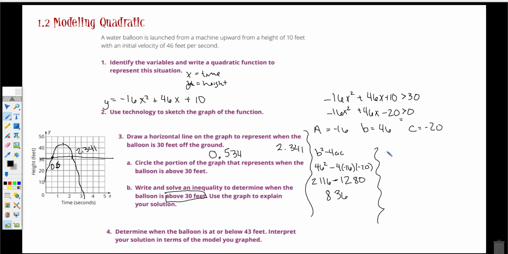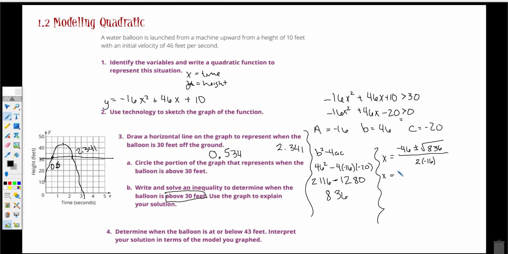And so I'm going to plug that into my x equals opposite of b, so negative 46, plus or minus the square root of 836 divided by 2 times a, which is negative 16. Well, if I type in the square root of 836, it's not going to come up as a nice, pretty number. And in this case, we're wanting to approximate anyways.